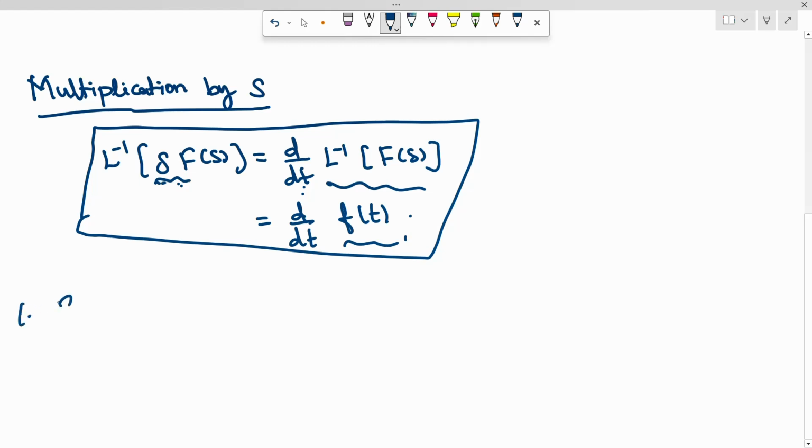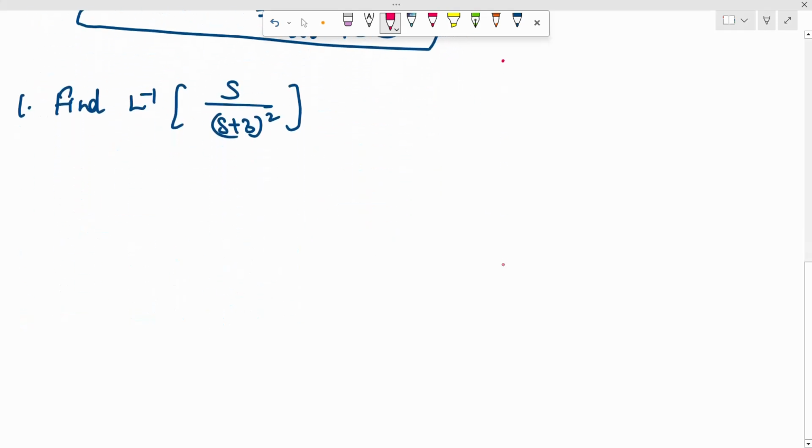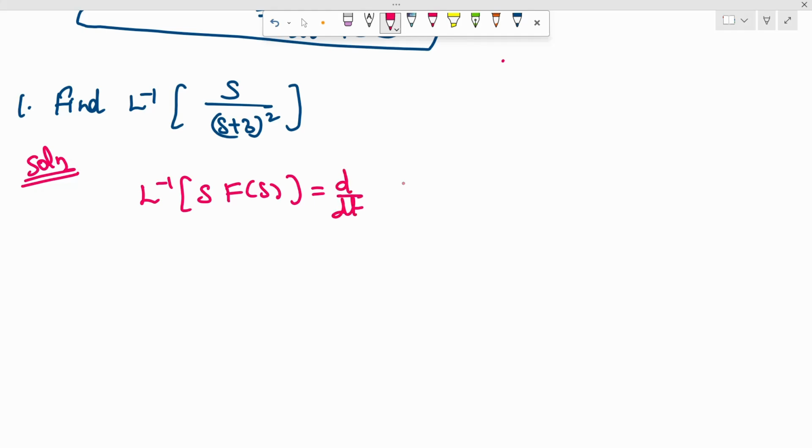First problem, find L inverse of s by (s plus 3) whole square, which is in the form of L inverse of s into f of s equals d by dt of L inverse of f of s.